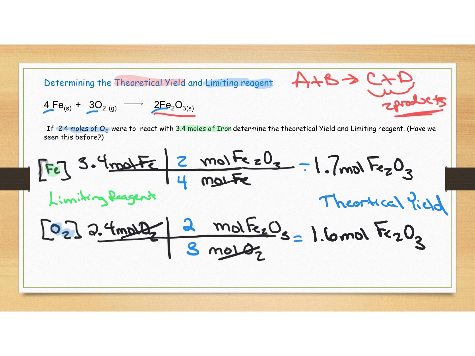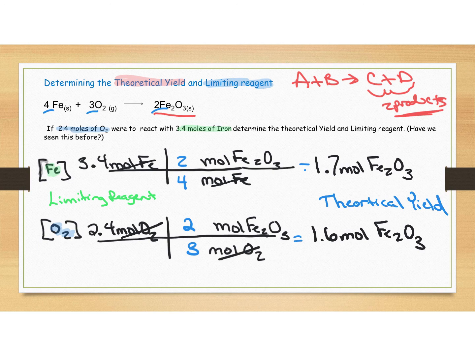So which one is my theoretical yield? 1.7 moles of Fe2O3 or 1.6 moles of Fe2O3? My theoretical yield is the maximum amount of product that can be produced based on the limiting reagent. So, back to that analogy of baking. If it takes 2 eggs to make a dozen cookies, and I go to my refrigerator and I only have 1 egg, I can only make 6 cookies.